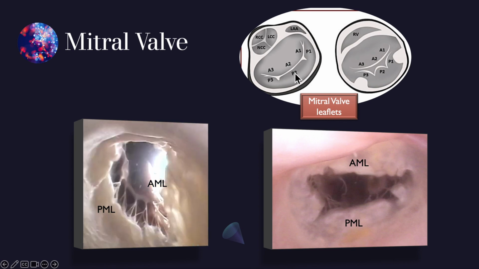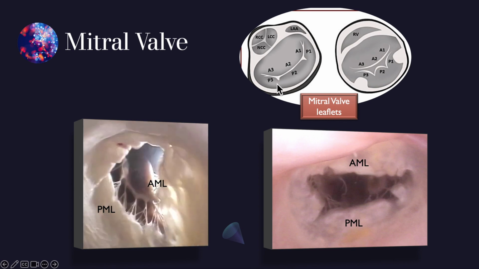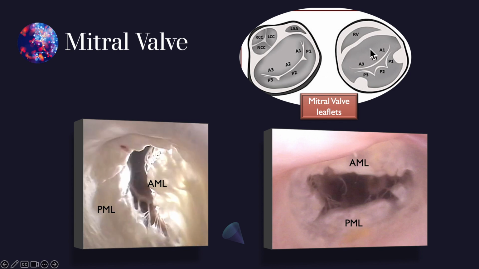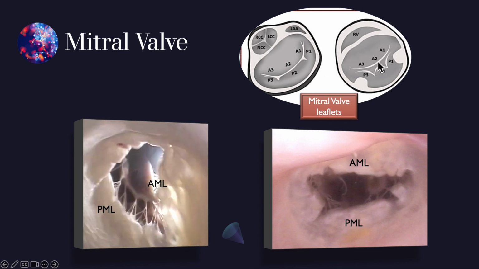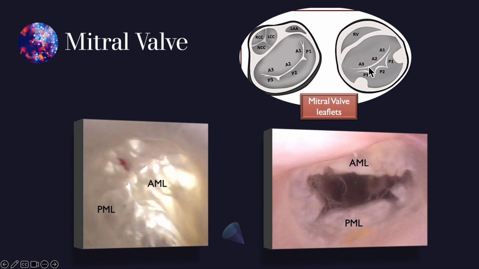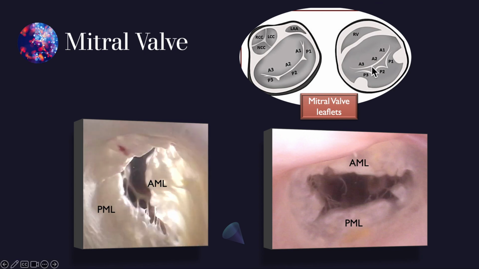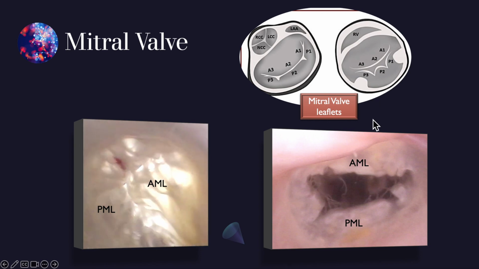So are the P1, P2, and P3 scallops of the posterior mitral leaflet, starting from lateral to medial. So remember, from lateral to medial: A1, A2, A3, and P1, P2, P3. So once we have a patient with mitral valve prolapse, we have to mention which leaflet it is. This is where it is important.